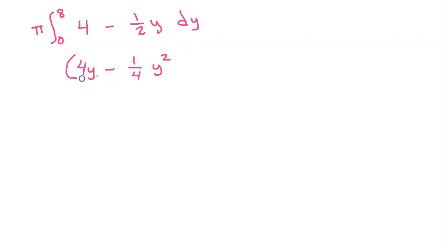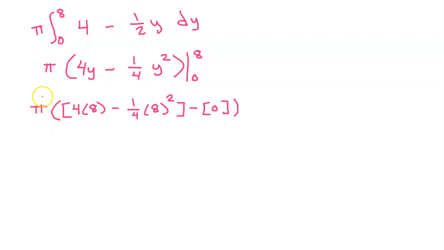And I'm going to leave the pi out in the front and apply the limits of integration from 0 to 8. This means we need to find the value at 8 minus the value at 0. I continued to leave the pi out in the front of the parentheses, and here I have the value at 8 minus the value at 0. Because both terms have y in it, we can easily see that the value at 0 is just 0.